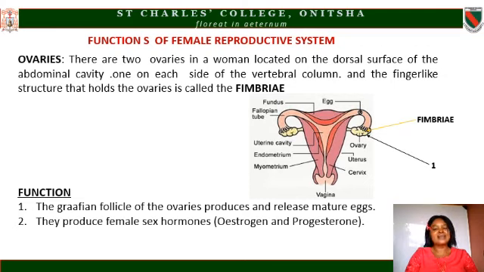Estrogen helps in development of female secondary sexual characters such as enlargement of breast, widening of the hip, pubic hairs, etc. Progesterone is sometimes called pregnancy hormone. Why? Because it plays a vital role in fertility and pregnancy.